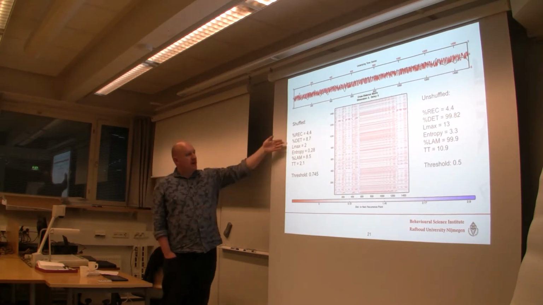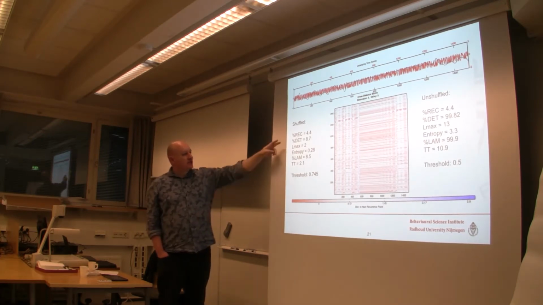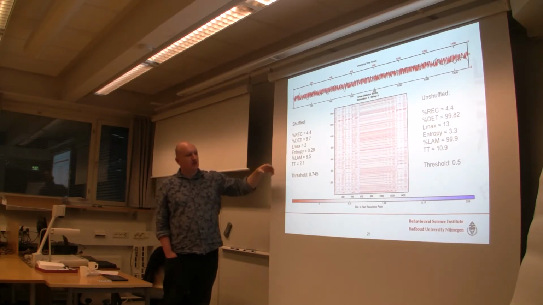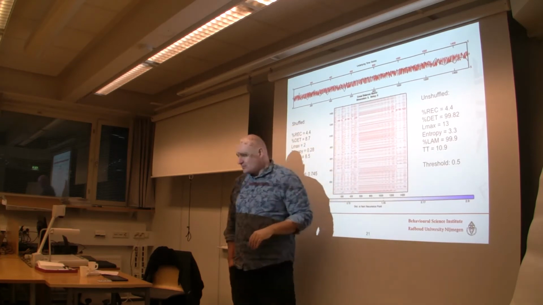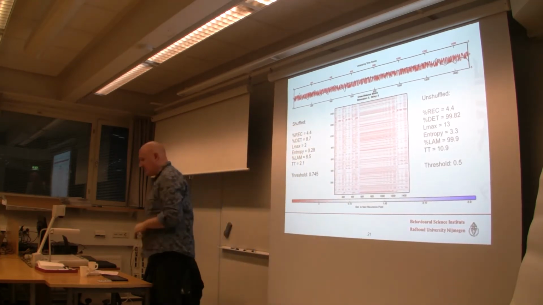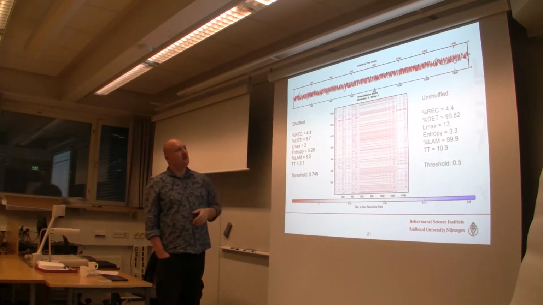And of course, what has happened? Well, the determinism has dropped a lot, and linearity also. So probably our observed coupling here was at least not by coincidence, because if we shuffle one of them, we do not actually find the same measures here.